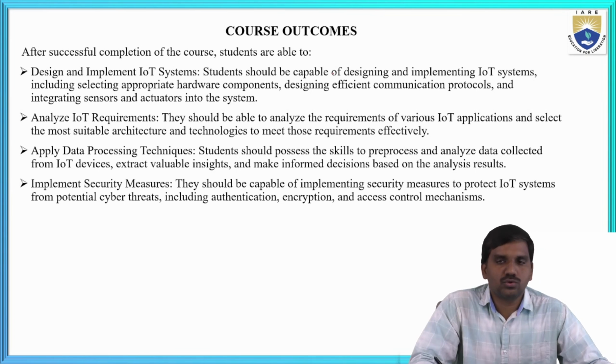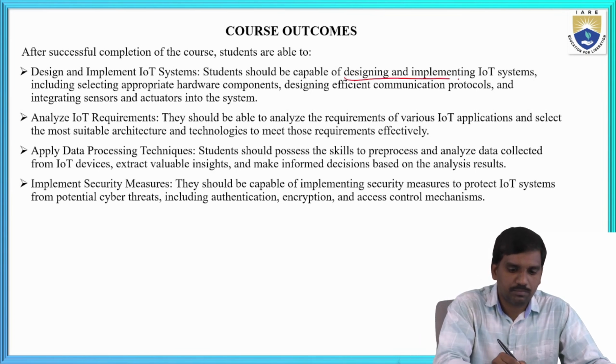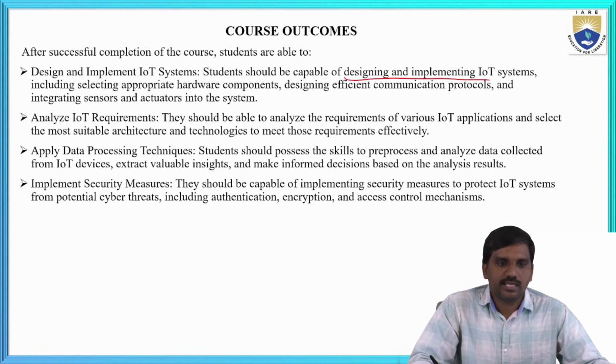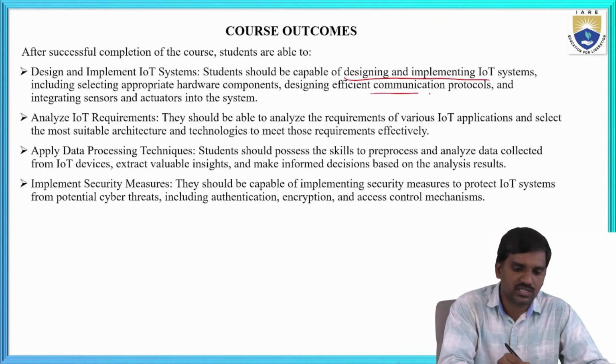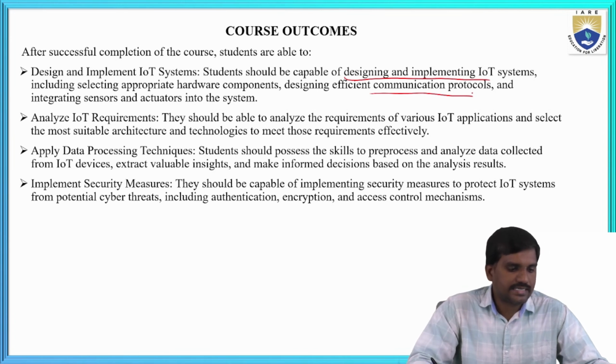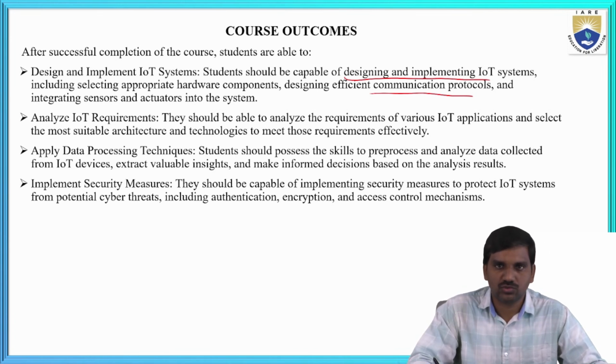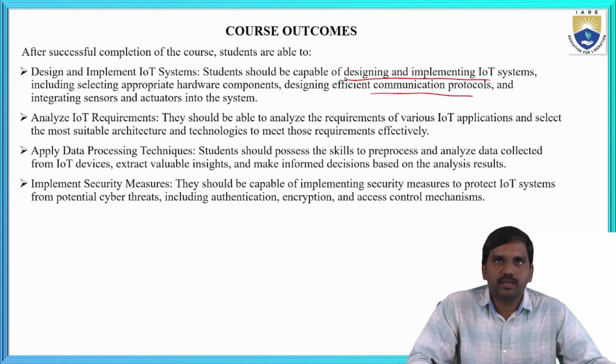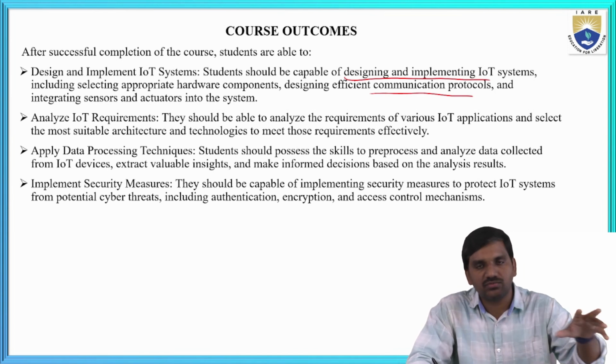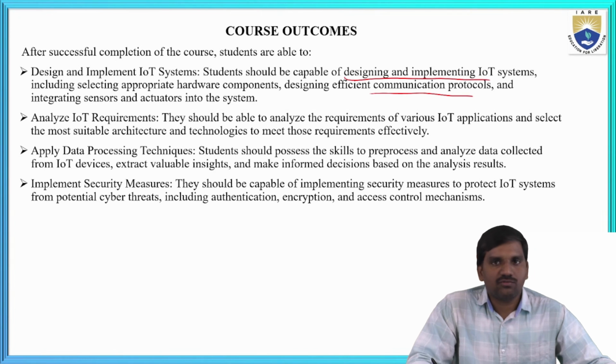Students should be capable of designing and implementing IoT systems, including selecting appropriate hardware components, designing efficient communication protocols, and integrating sensors and actuators in the system. So the students should be able to implement IoT systems with the help of these things, and analyze IoT requirements.